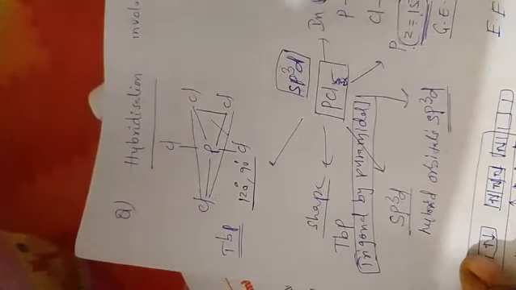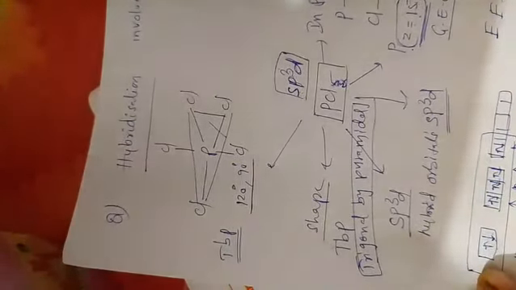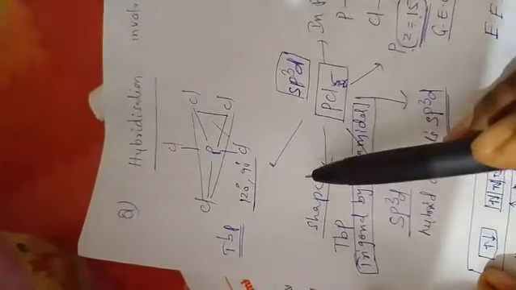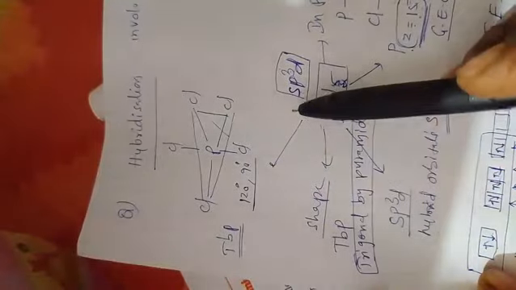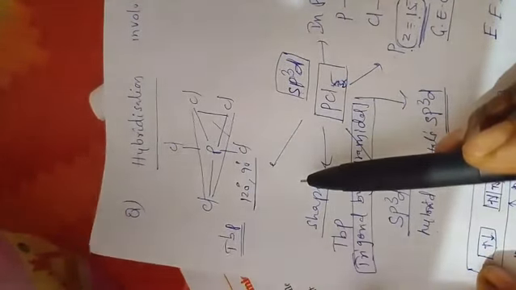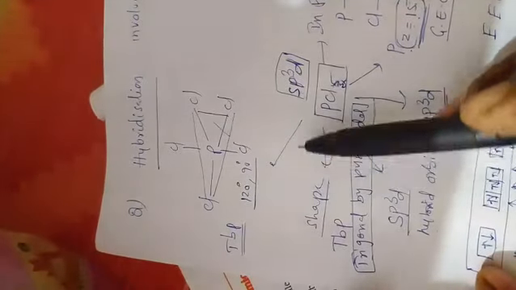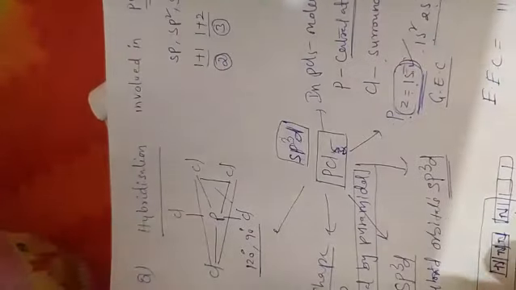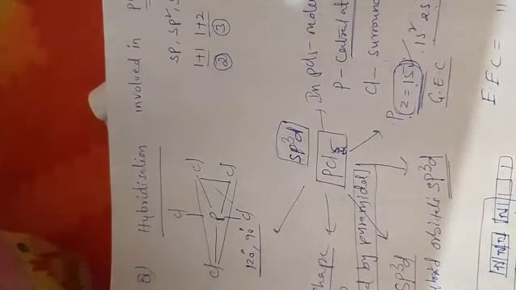They combine and form 5 sigma bonds. The shape is TBP, trigonal bipyramidal, with 120 and 90 degree angles in the PCl5 molecule. So this is the simple way to write the answer.